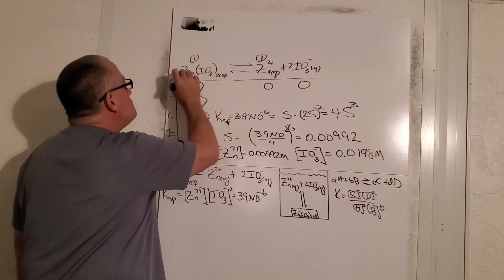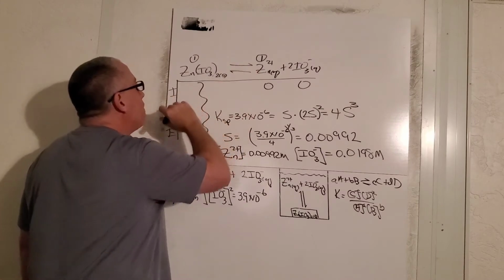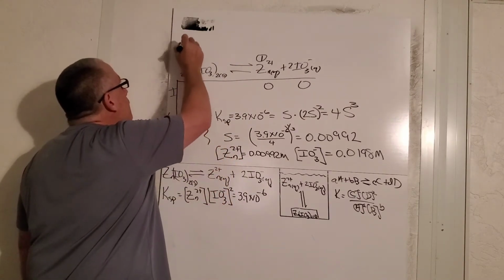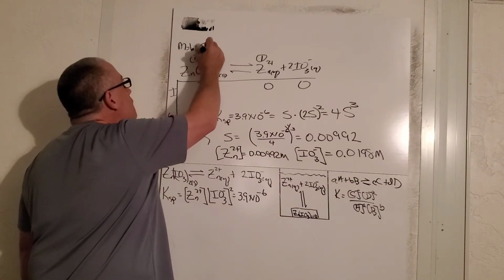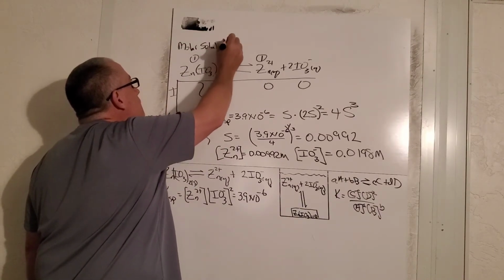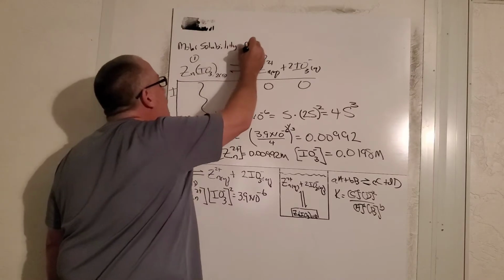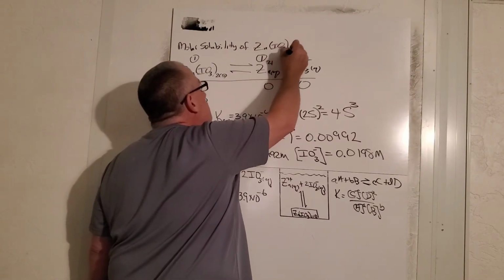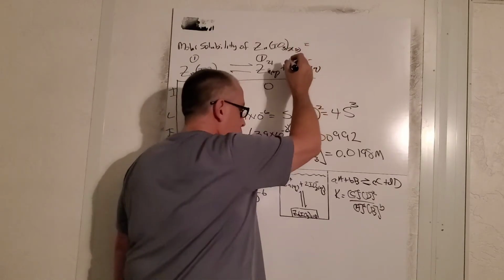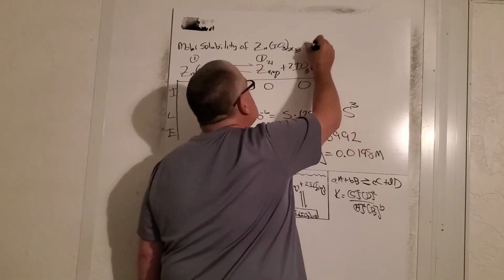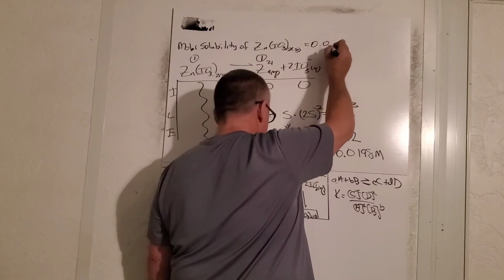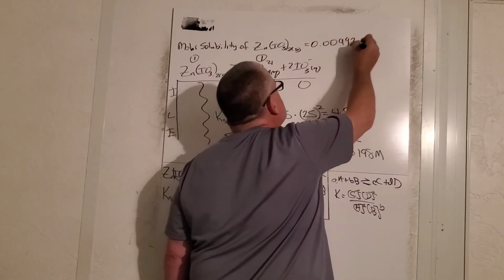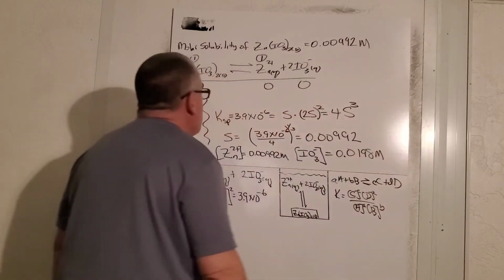But also importantly, for every one of these that's formed, one of these dissolves. See the one here and the one there, right? So the S also is the molar solubility of zinc iodate, which is equal to 0.00992 molar.